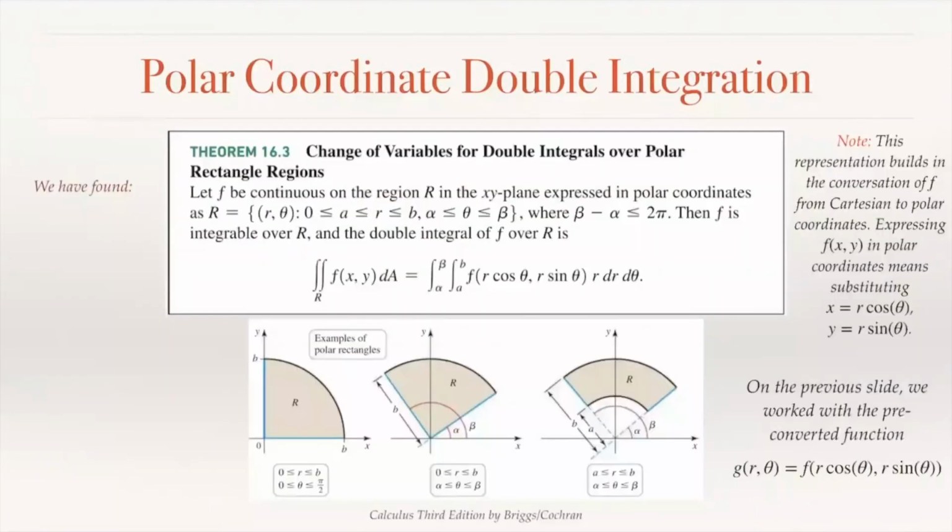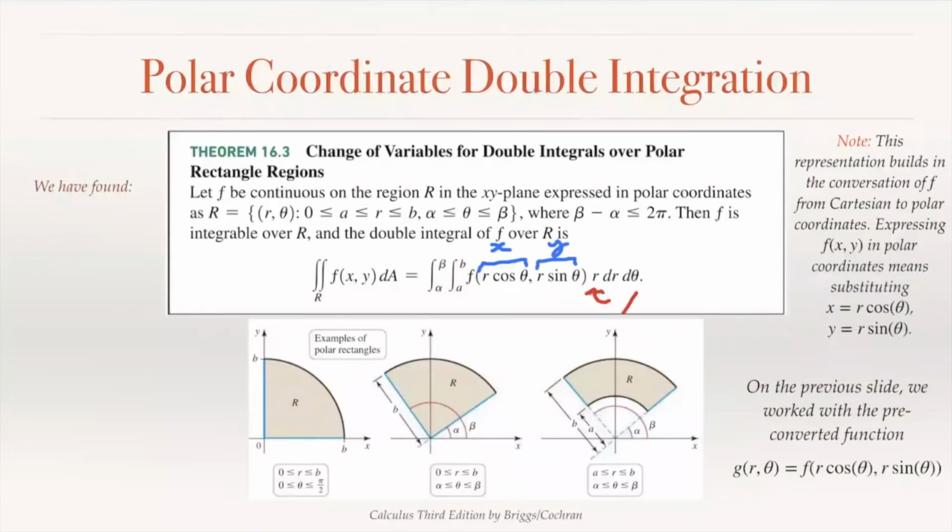So here's the theorem for how to express a double integral in polar coordinates. Given a function f of x, y that we want to integrate over a region R, where that region R is a rectangle in polar coordinates, so it looks like one of these. Okay, so we need to convert everything to polar. So x is r cosine theta, y is r sine theta, so we just need to do those substitutions in the function.